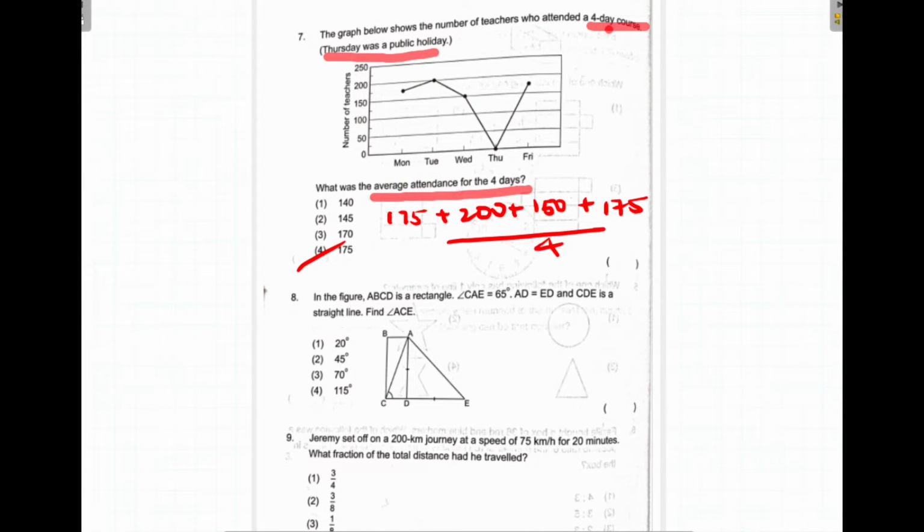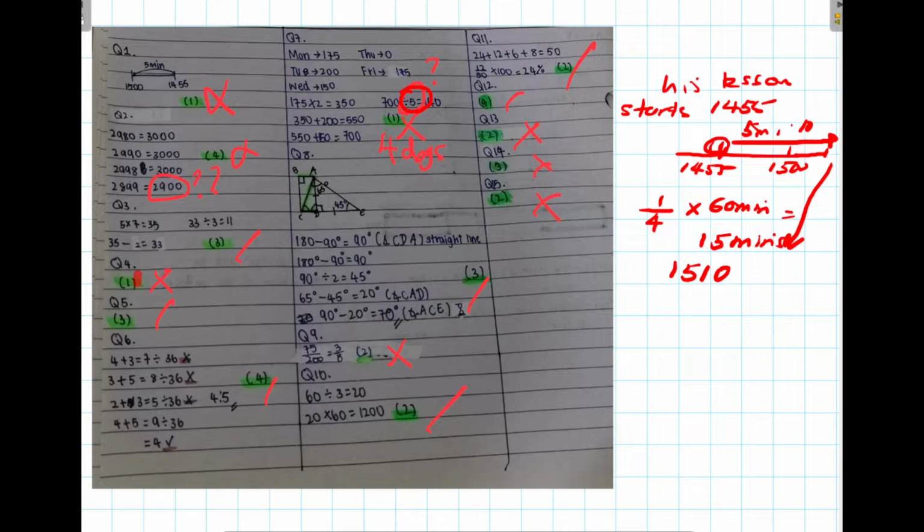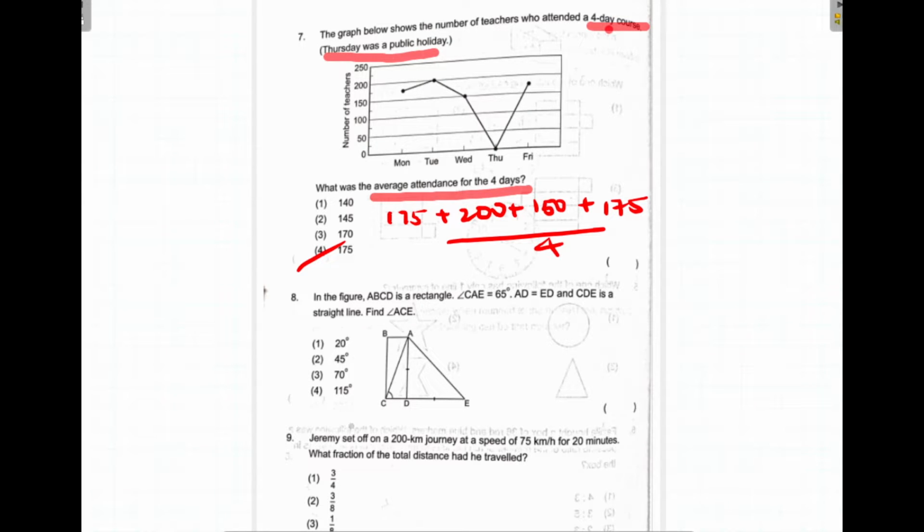Okay, question number 9. I noticed that you actually take the speed here. You take the speed and then you go and divide by the distance. We are looking for the fraction, right? If I'm not wrong. Wait, question number 9. Okay, we're looking for the fraction.